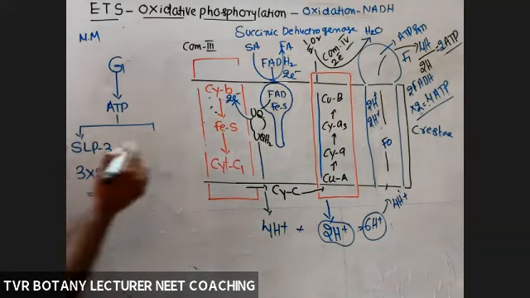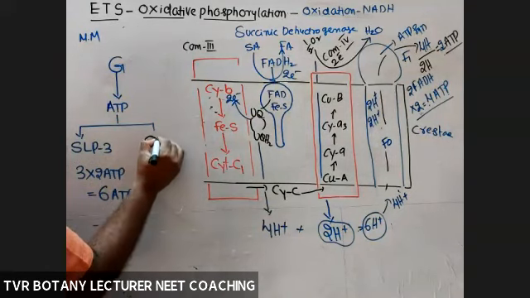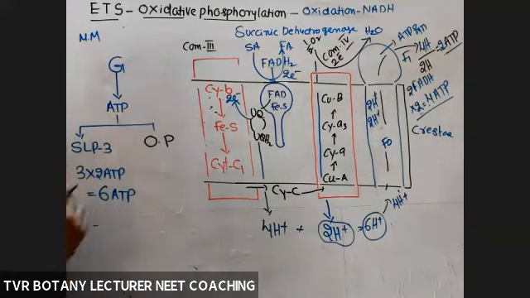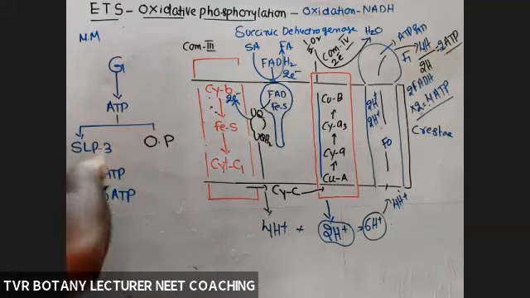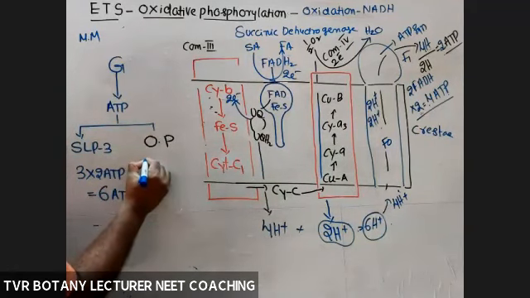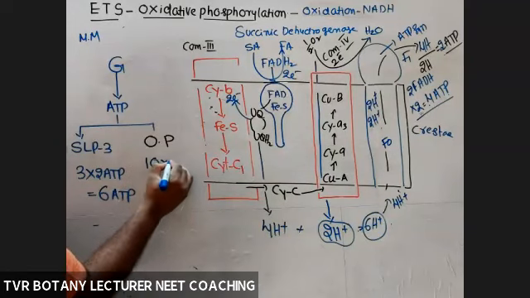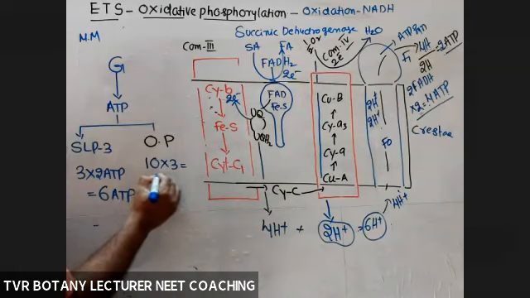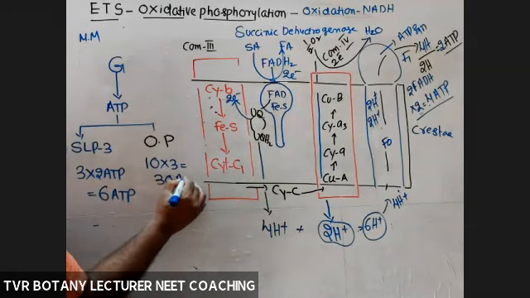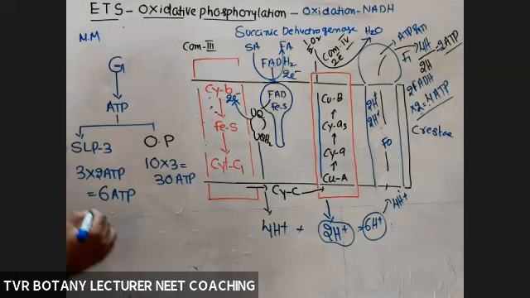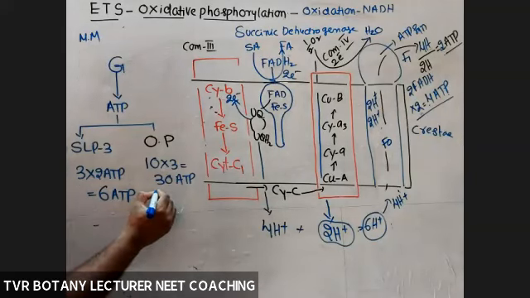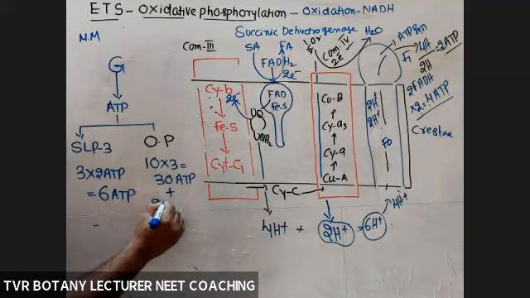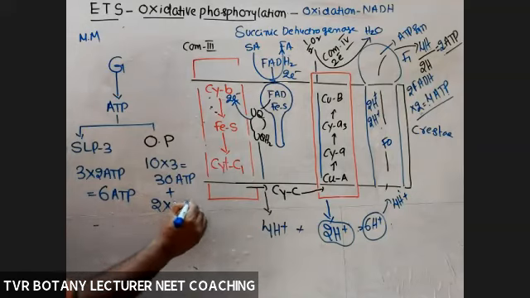Next, OP, oxidative phosphorylation. From oxidative phosphorylation, what about the number of ATP molecules? 10 into 3, already told you, 30 ATP molecules from NADH. From the oxidation of 2 molecules of FADH2, 2 into 2, 4 ATP molecules.